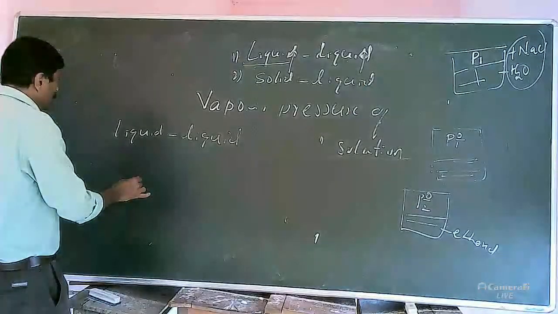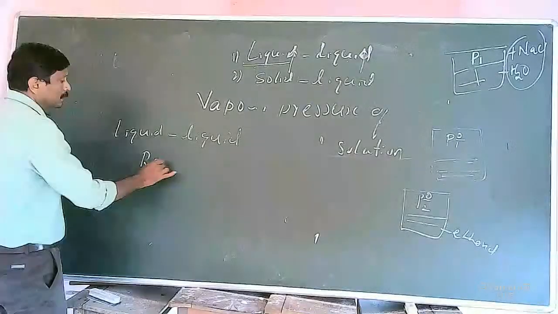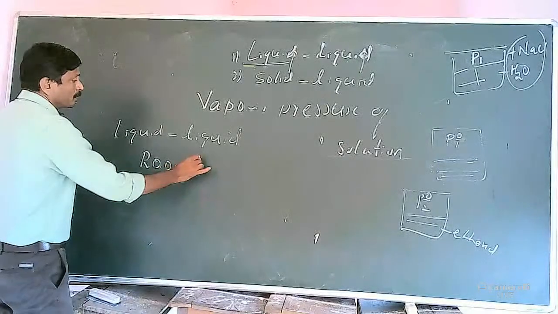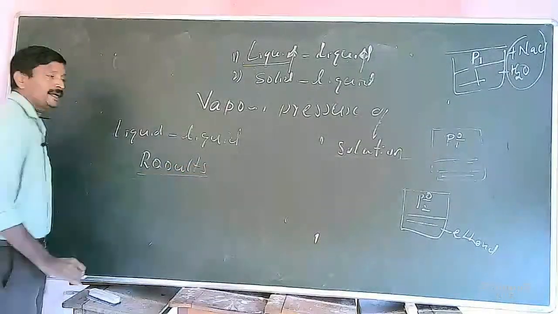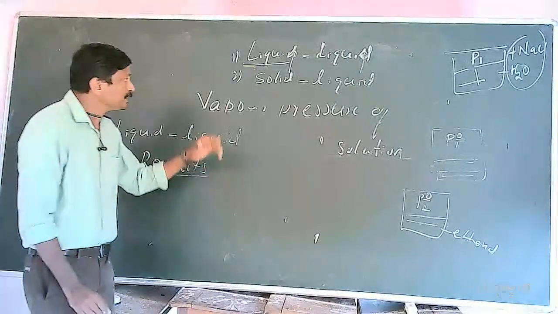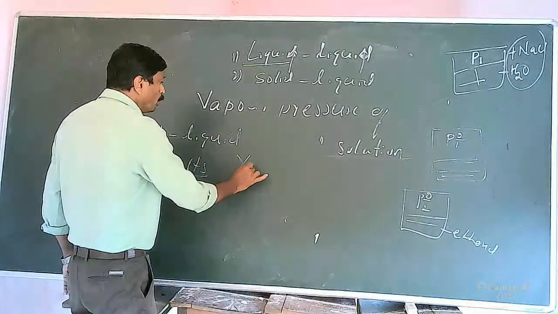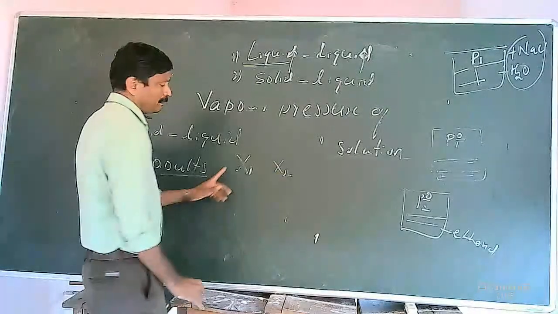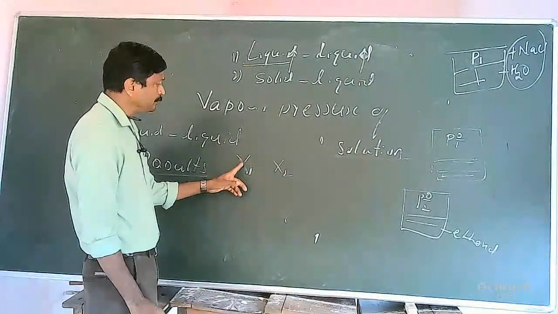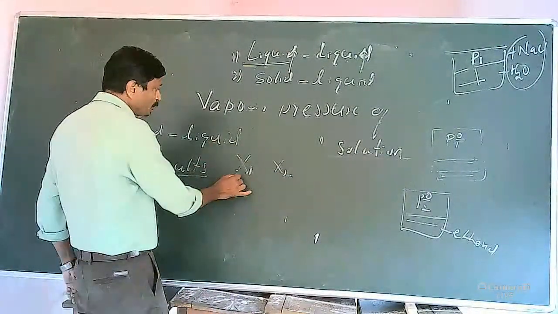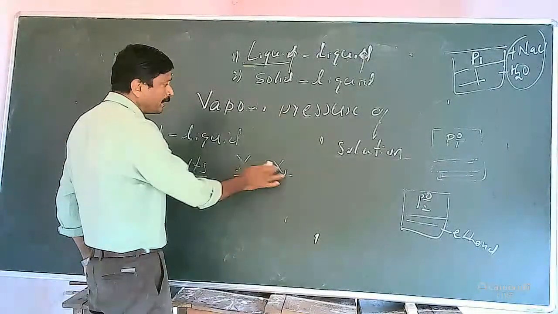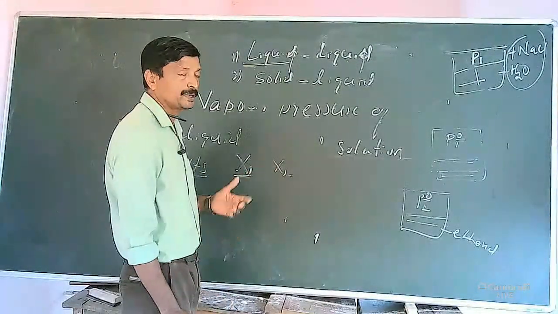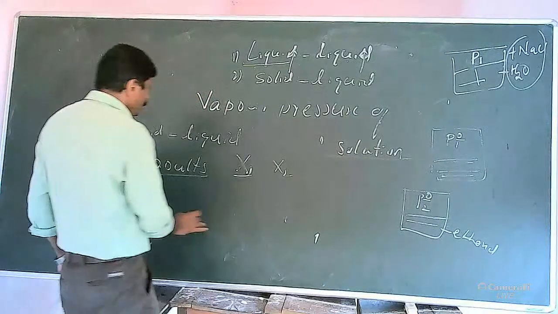The scientist Raoult has given the relationship between the mole fraction and vapor pressure. Already we have discussed that x1 and x2 are the mole fractions. X is used to represent the mole fraction. x1 is the mole fraction of component 1, x2 is the mole fraction of component 2.